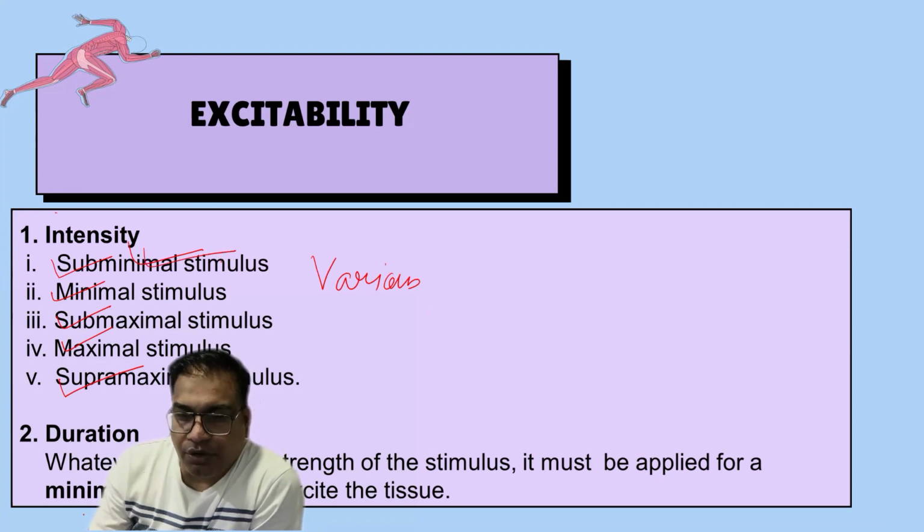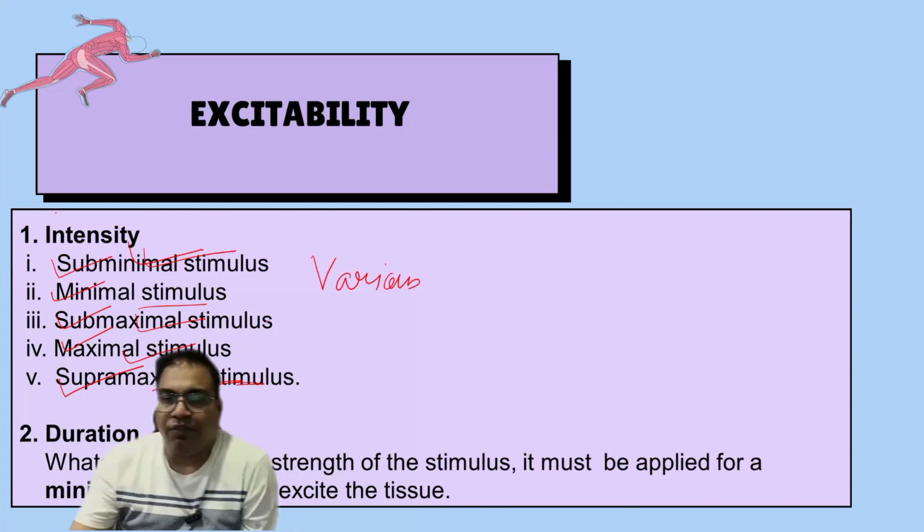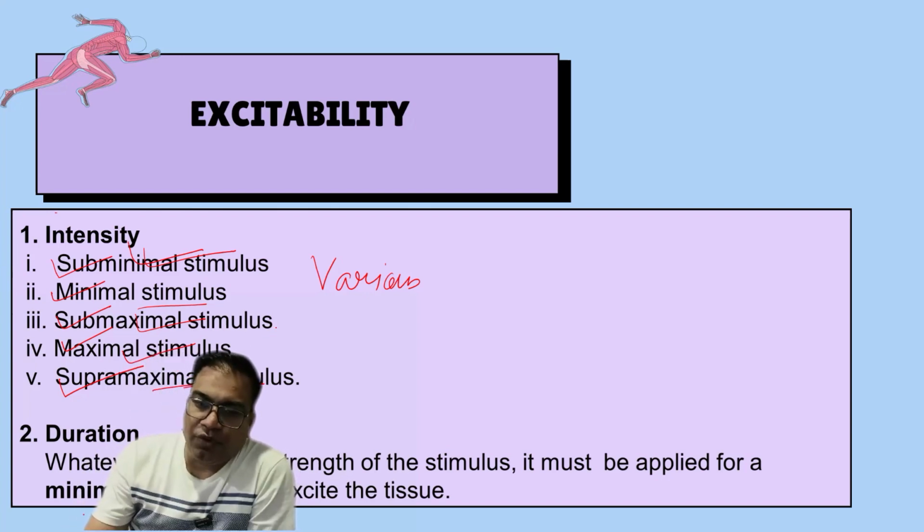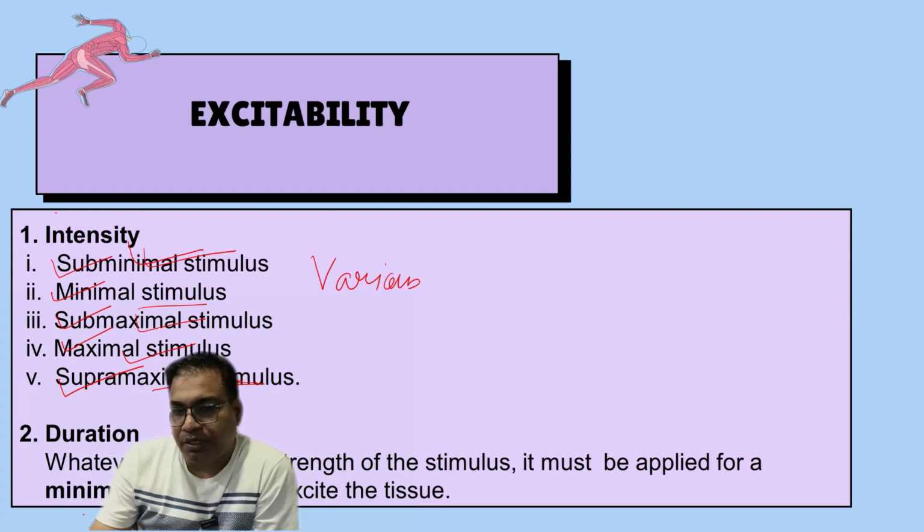The intensity of stimulus could be subminimal, lower than the minimum. It could be at minimum level. It could be less than submaximal. It could be at a maximal level, and it could be more than the maximum level. So these are the various types of intensities shown by the stimulus.